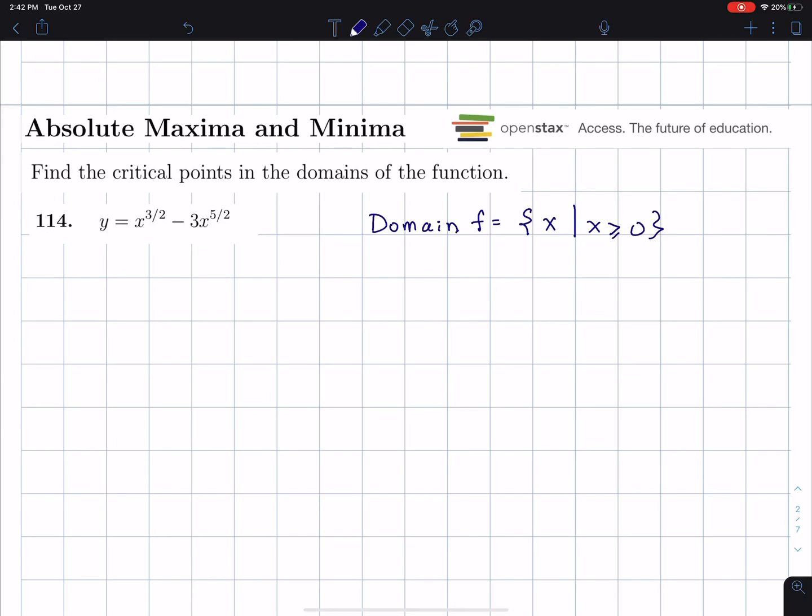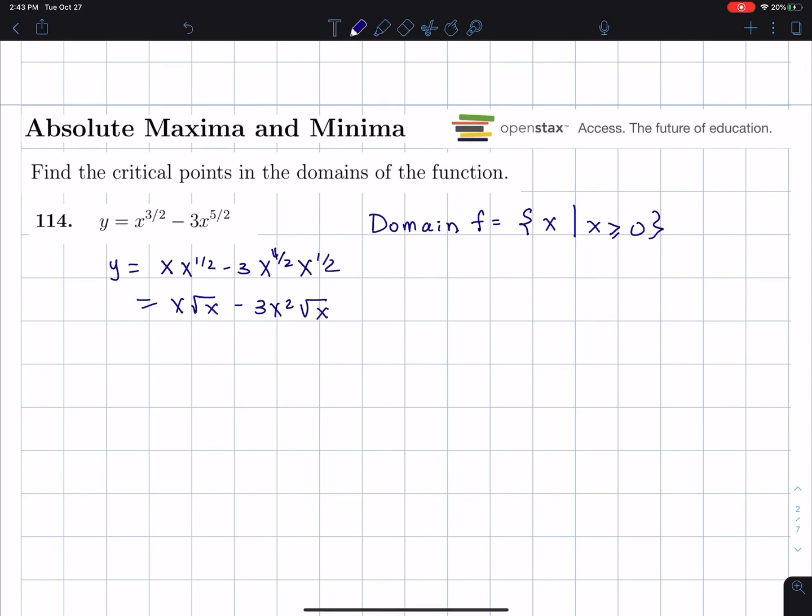You could write this as x to the 1/2 minus 3 x to the 5/2, which is x radical x minus 3x squared radical x.